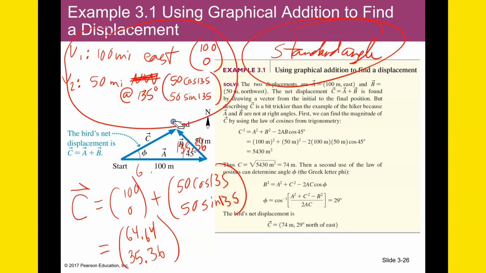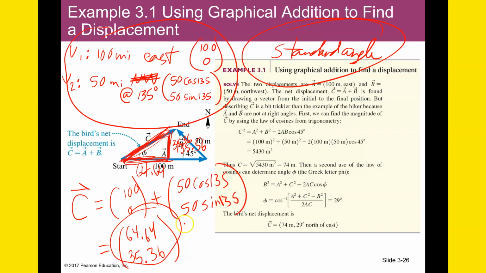And so those are the components of my resultant vector. So that means that this C vector here has a horizontal component of 64.64, and it has a vertical component of 35.36. Okay, so now one way to express C is simply this.